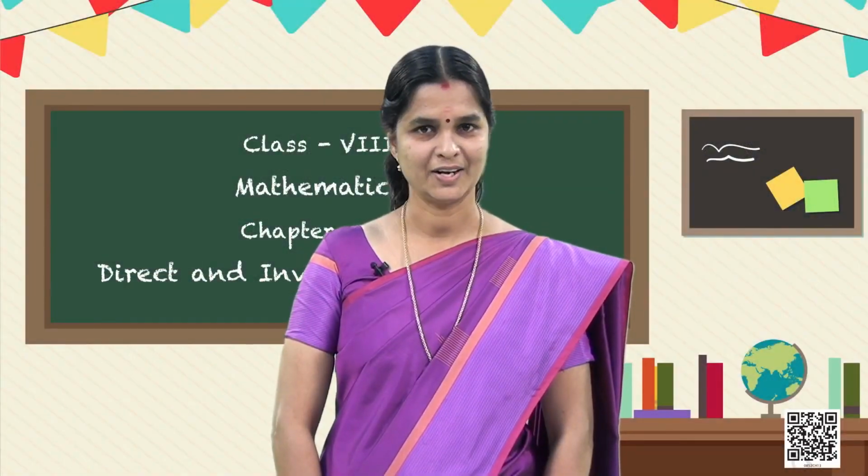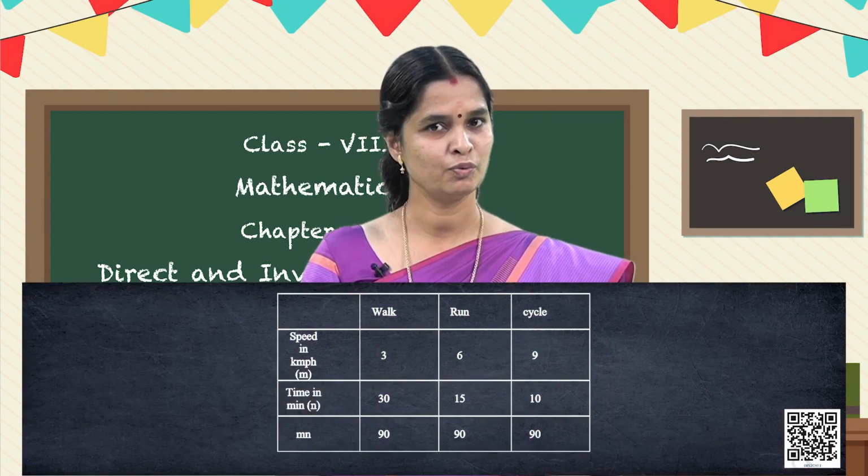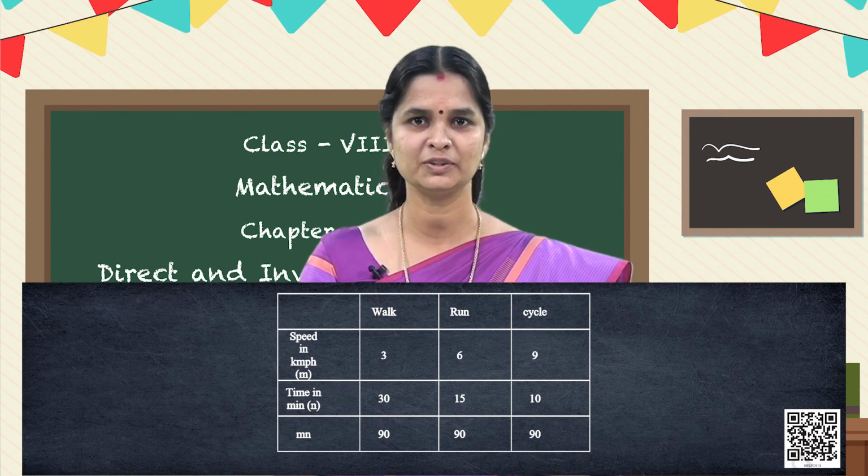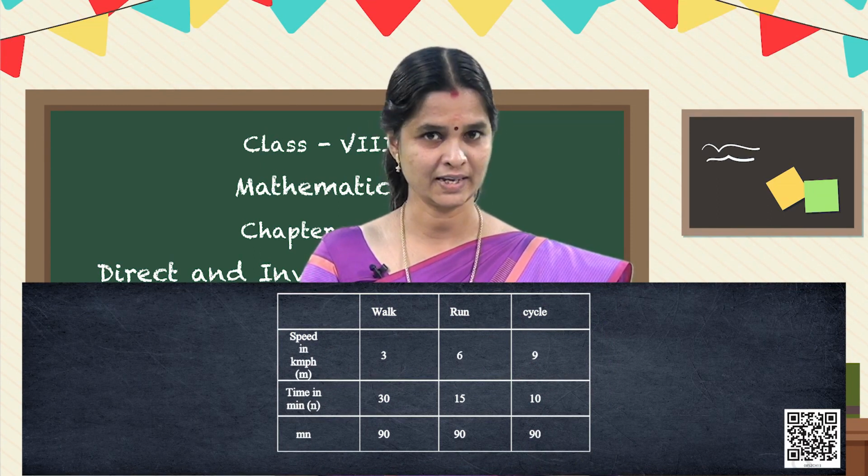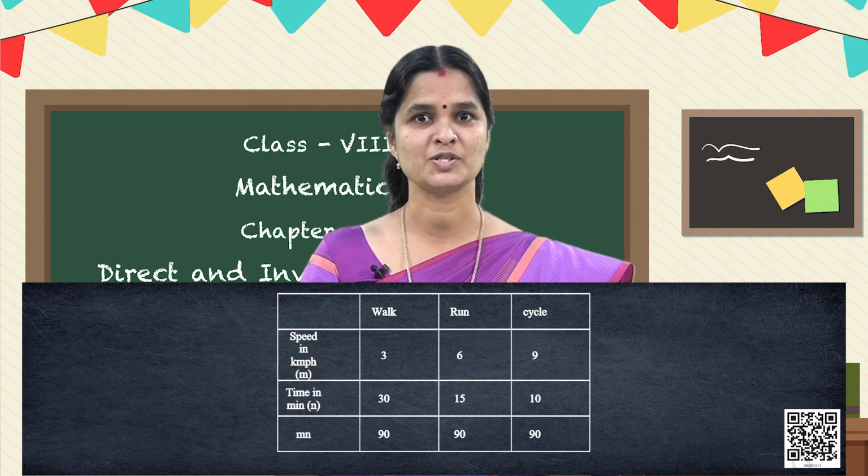Yes. Now, I hope that you are able to find the difference. Correct. In the first situation, the product mn was same, it was constant throughout, but in the second situation, it is not the same.